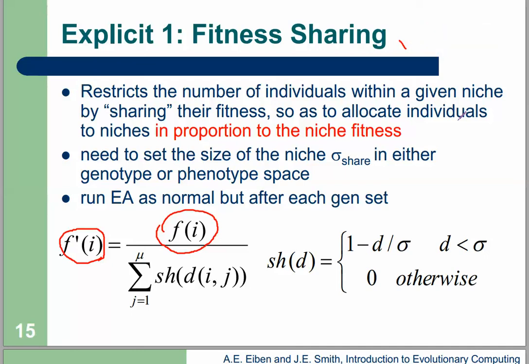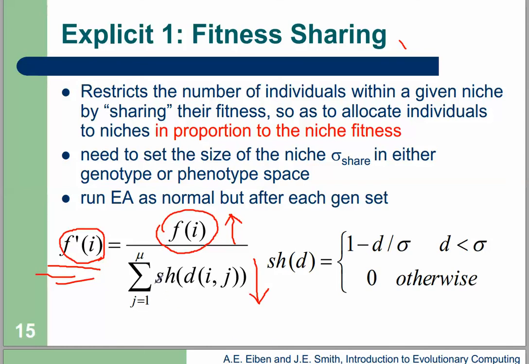In fitness sharing, the higher the value of f prime, the higher the probability of selecting the element for mating. In this formula, the fitness sharing increases when the numerator is increased. The numerator is the fitness. But it also increases when the denominator is decreased.